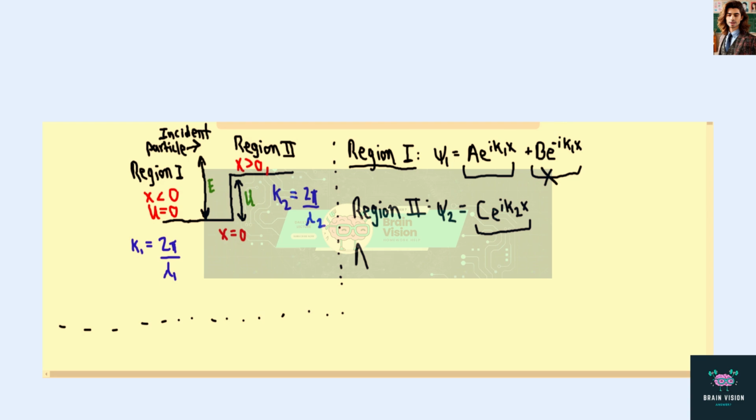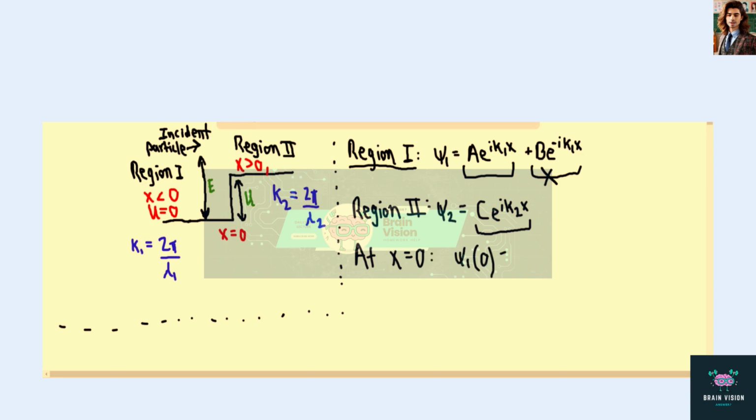They move in the opposite direction as the incident particles, e to the i k1 x, which move to the right. So we would, of course, have our reflection coefficient defined in terms of the ratio B over A. That reflection coefficient will be determined in this problem, and it'll actually be the square of that ratio, B over A.